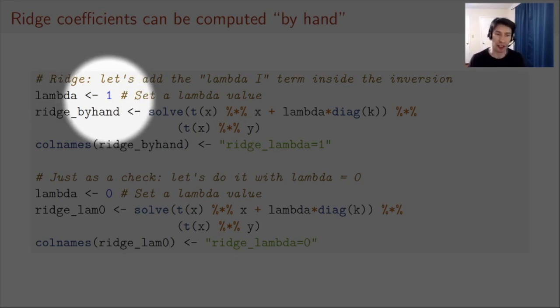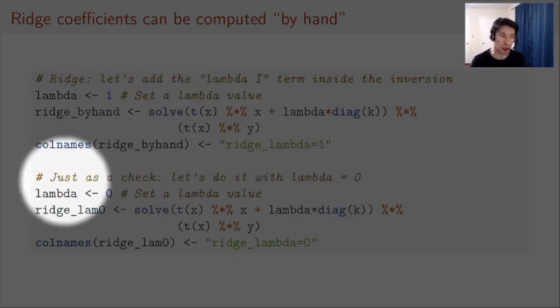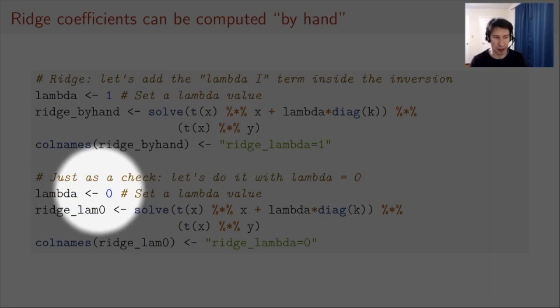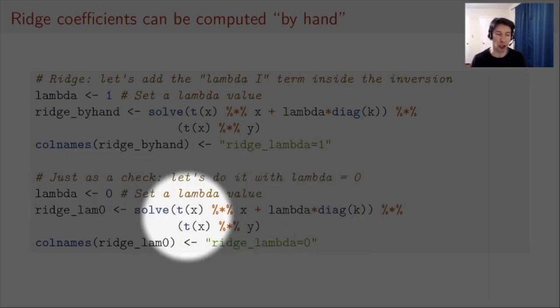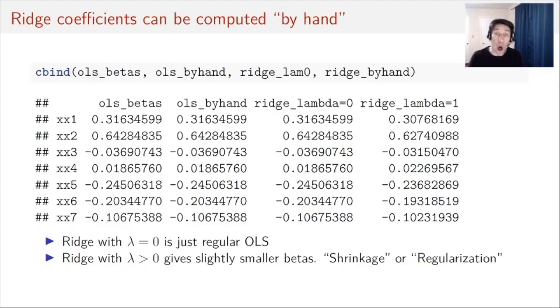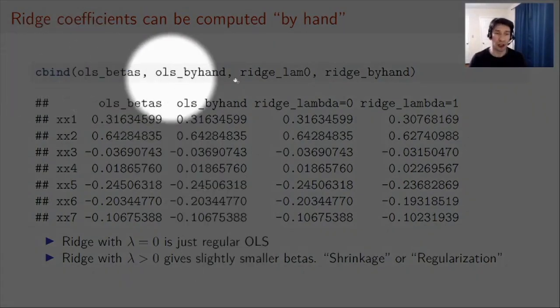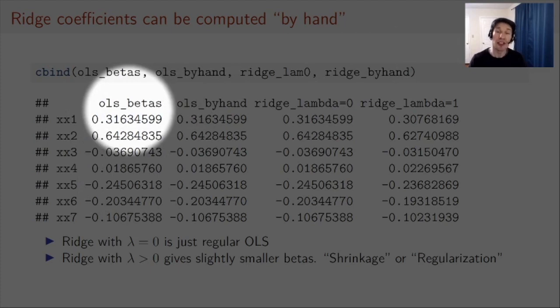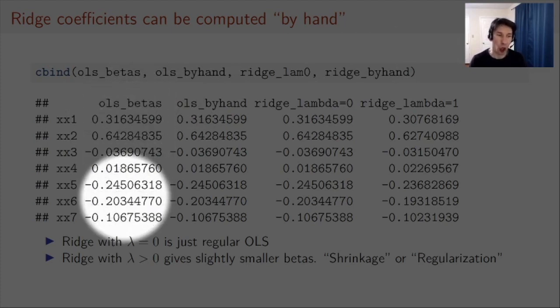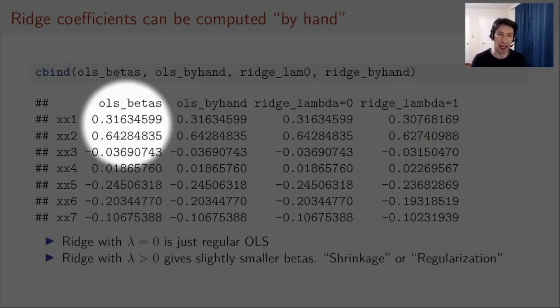However, there is a value that is more meaningful than another, which is lambda equals 0. So let's just redo this with lambda equals 0 again to check that we're getting the same coefficients as we should from the OLS. Okay, so what do we get if we just put together these 4 columns? These are the betas that came from our OLS that we run with the lm command.